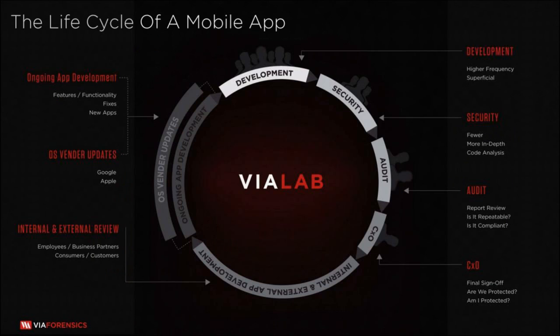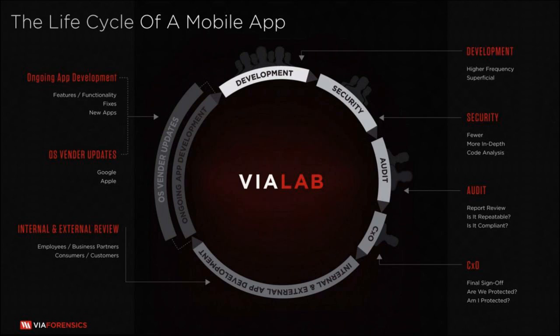Just a little bit of history here on how viaLab came to be. Our AppSecure service is a manual app security assessment and typically takes anywhere from 60 to 80 analyst hours. And so after doing quite a few of these over the years, you can imagine the amount of information that was learned.